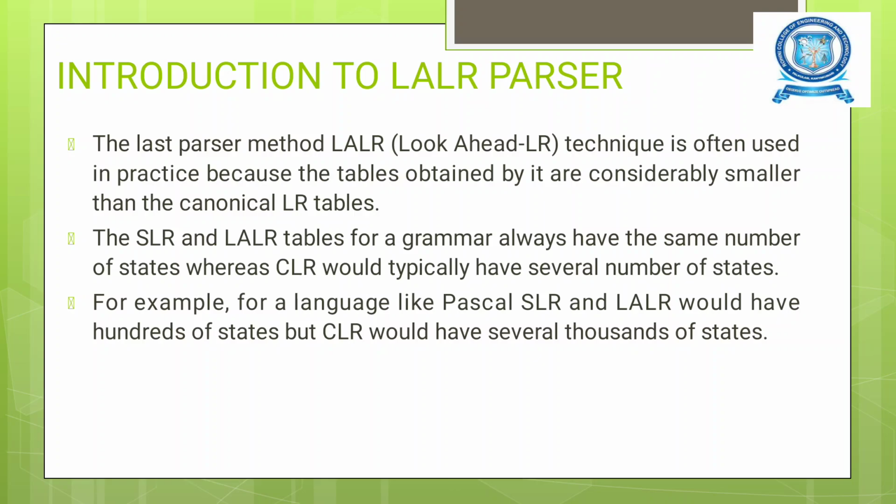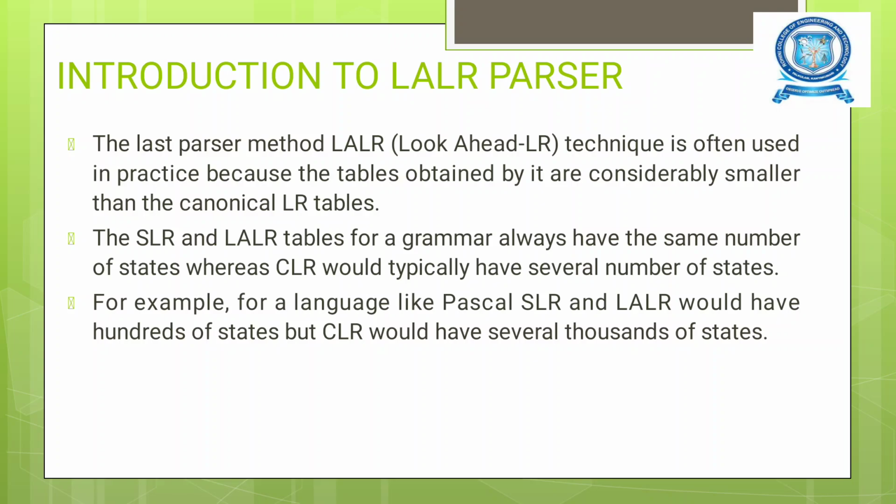It is often used in practice because the tables obtained by it are considerably smaller than those of the canonical LR parsers. The SLR and LALR tables for a grammar always have the same number of states, whereas CLR typically has many more states.